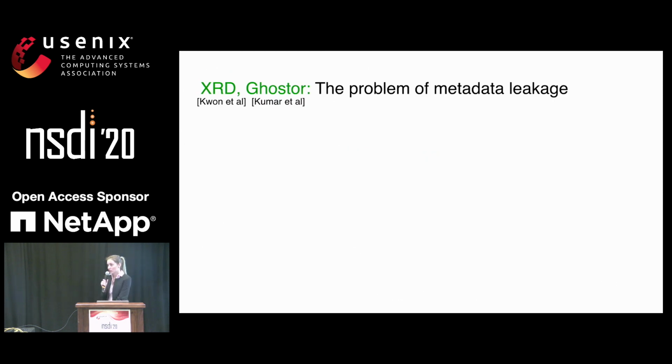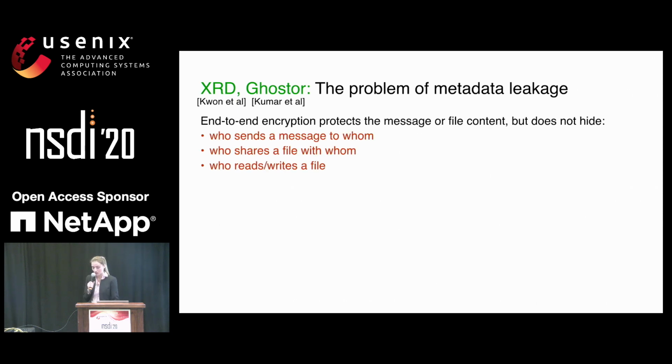While end-to-end encryption is great, it's not enough. There's still leakage, and in particular, the two works, XRD and GhostStore, in the security session, explore metadata leakage. So end-to-end encryption protects the content of a file or of a message, but it doesn't protect metadata. So, for example, if you're compromising the server, you can see who talks to whom, or you can see who shares a file with whom, or who reads or writes a file.